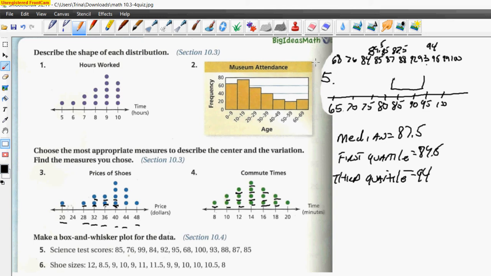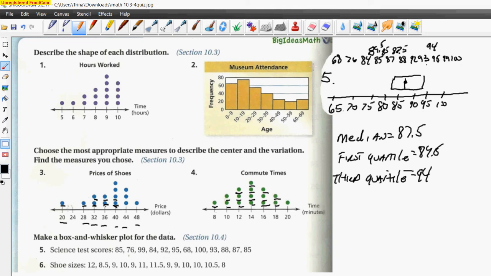We're going to build a box right on top of this actual graph. And we know the first one is what? You got it. 87. I'll put a line through it and put a dot. There you go. 87.5.